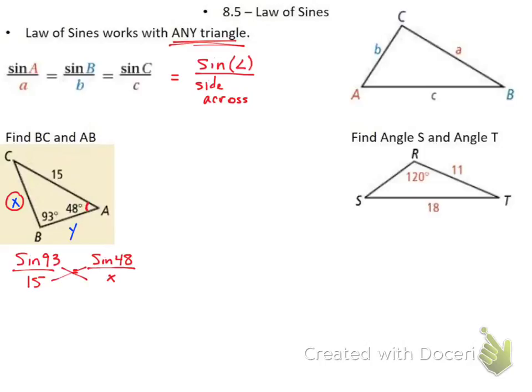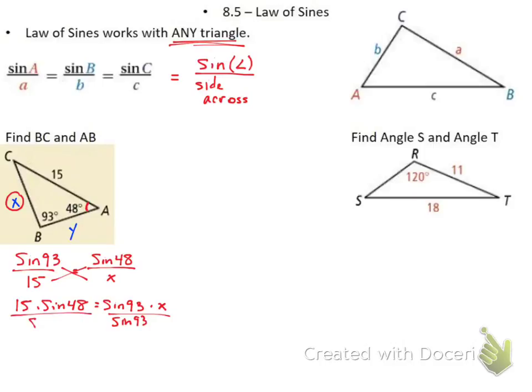When I cross multiply, I get 15 times the sine of 48 is equal to the sine of 93 times X. Easiest way to do this is just to keep it just like I wrote there, and then to solve for X, I can divide both sides by the sine of 93.